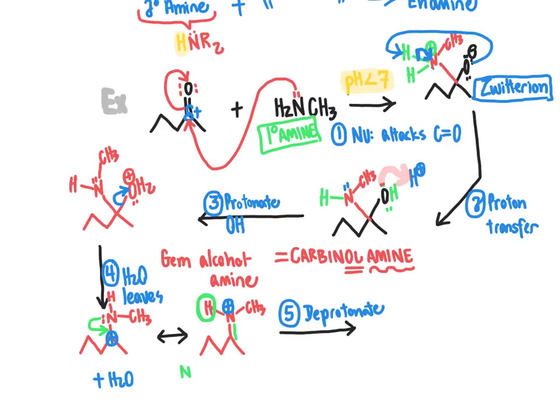Certainly amines we recognize as being somewhat basic, so we'll plug in our amine here to act as our base in this step, grabbing that proton from our intermediate that's acting as the acid. The nitrogen-hydrogen bond breaks and those electrons go on to the nitrogen. That's going to lead us down the road to our imine. That molecule has that carbon-nitrogen double bond, and we're still going to have the methyl group bonded there.